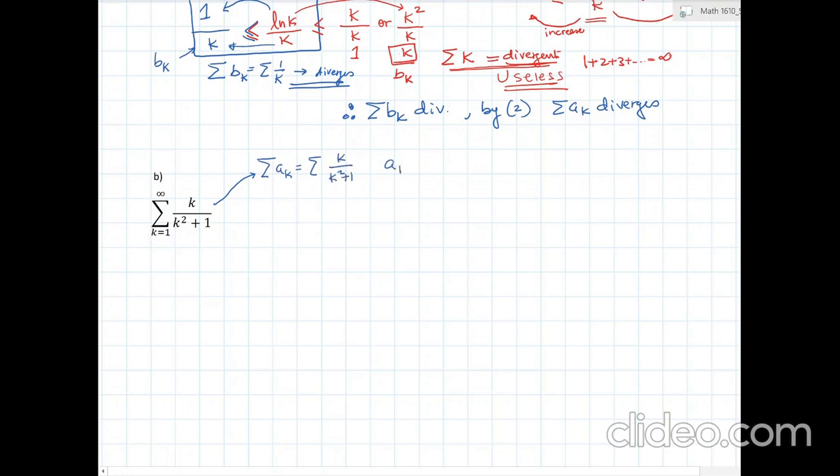So that means our ak is k over k squared plus 1. So now we have to try and find a useful upper bound or lower bound.